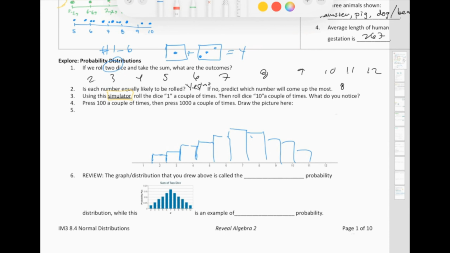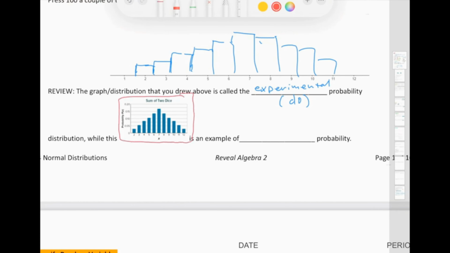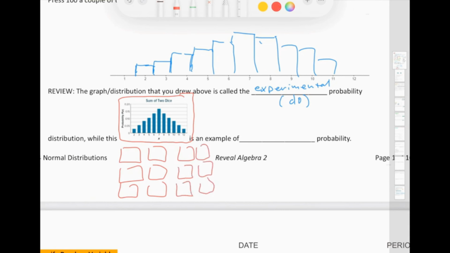While this one is actually, there are 36 outcomes. So for a 7, can we come up with how many ways? Let's find out, double check. You can have a 1 and a 6, or a 6 and a 1. You can do 2 and 5, or 5 and 2.